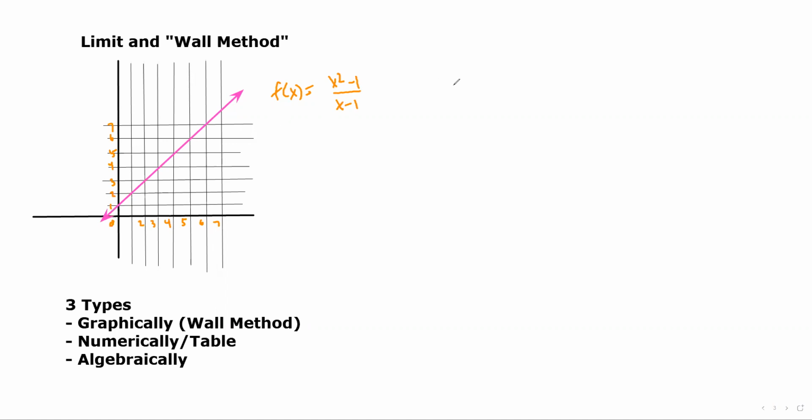Now, in the book, you might see it as the limit of f of x as x approaches, say, 1. So we can write our notation in this fashion, where f of x is represented by x squared minus 1 over x minus 1, or we can write it as the limit as x approaches 1 of actually writing the function down, which is x squared minus 1 over x minus 1.